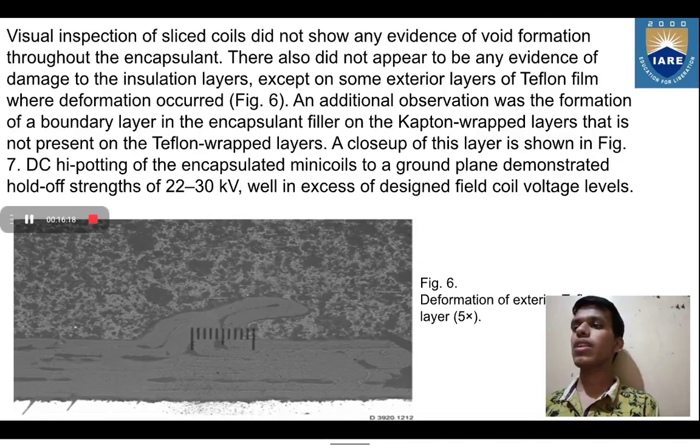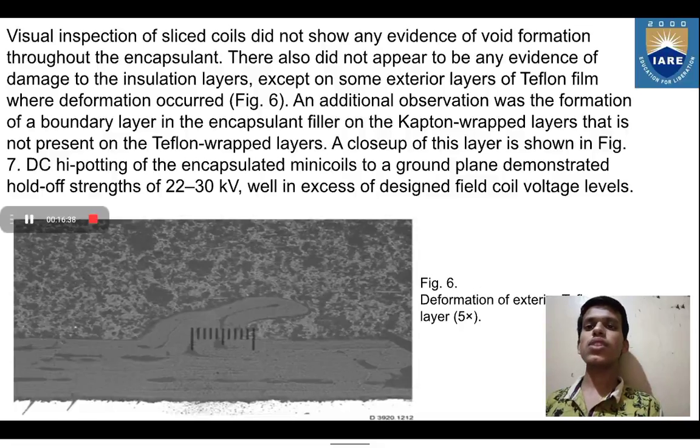Visual inspection of the sliced coil did not show any evidence of void formation throughout the encapsulant. There also did not appear to be any evidence of damage to the insulation layers, except on some exterior layers of Teflon film where deformation occurred.